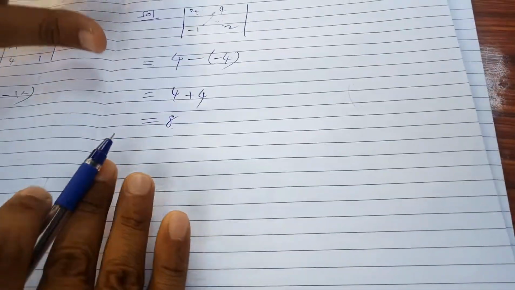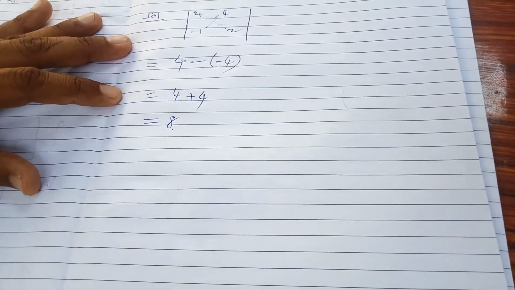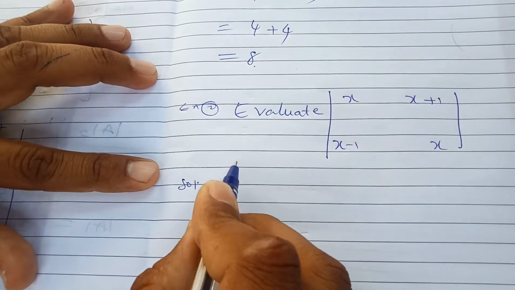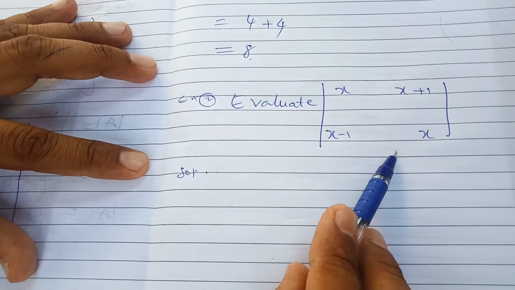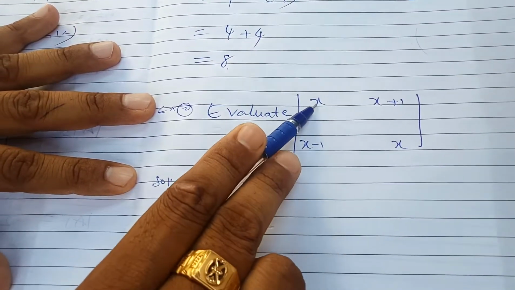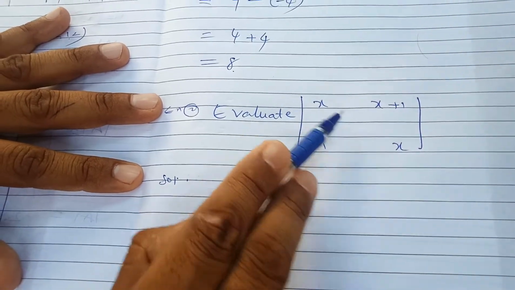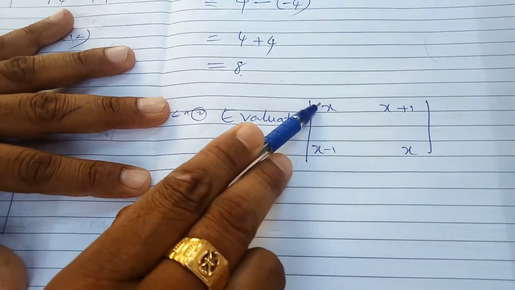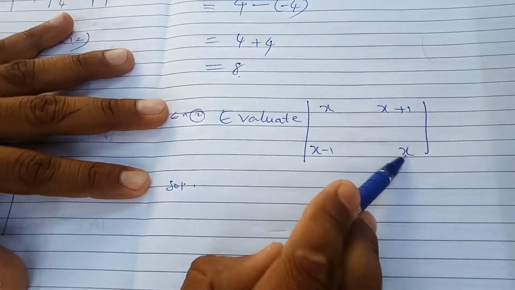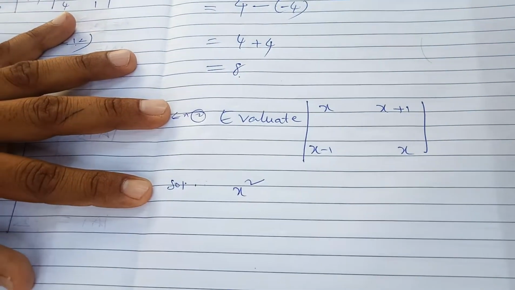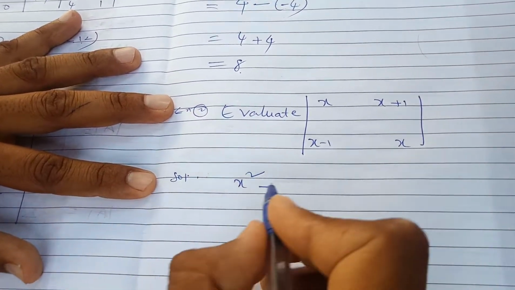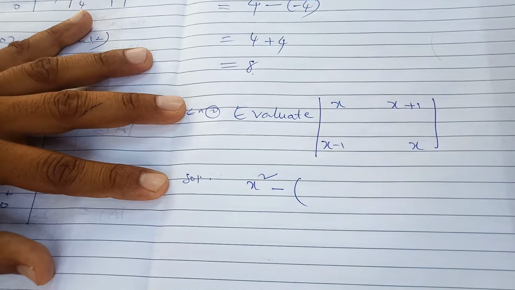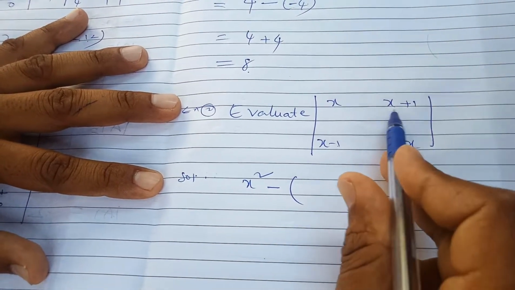So we can continue with the next example. See, this is example 2. It is a very simple one. Again a 2 by 2 order, so we make the cross multiplication. You people can do x into x, which will be x square. In between we write minus. Then we take the bracket: x minus 1 into x plus 1.